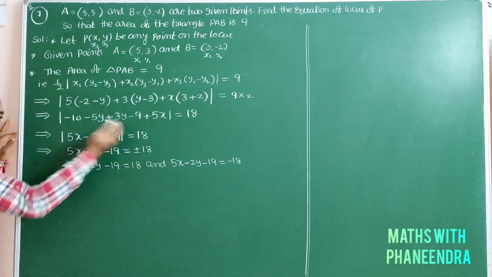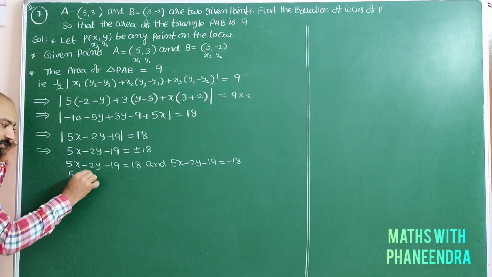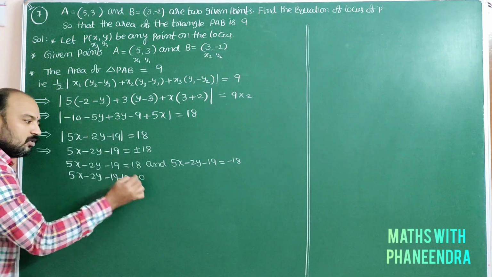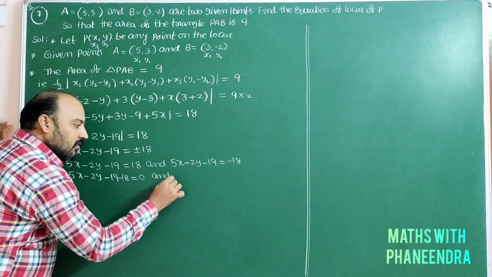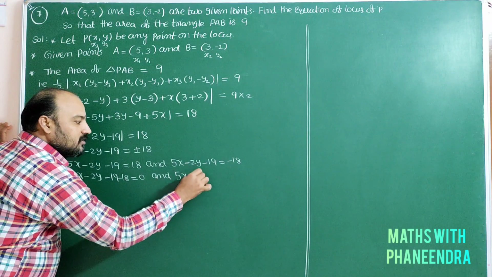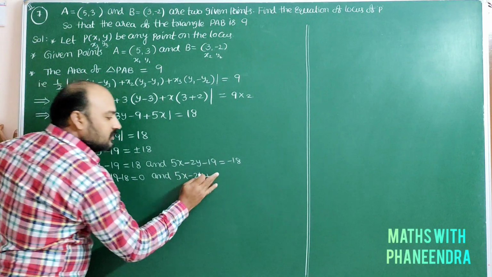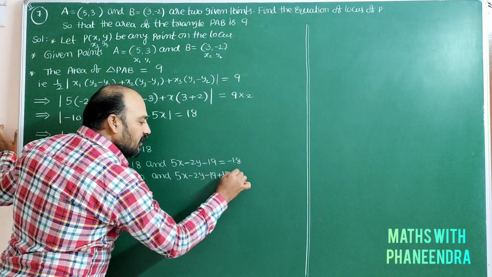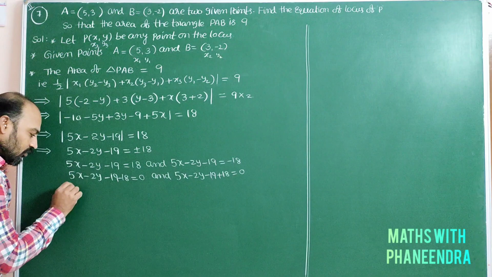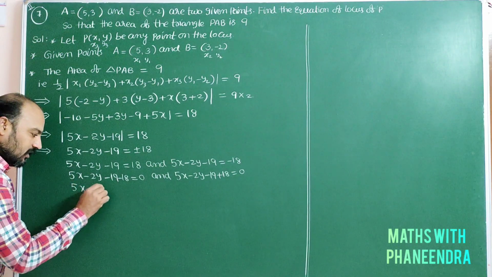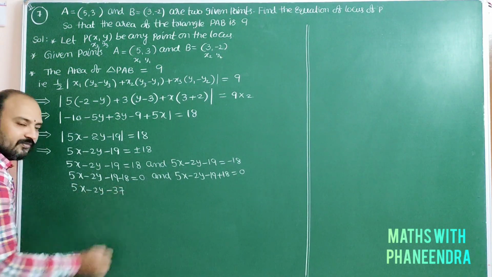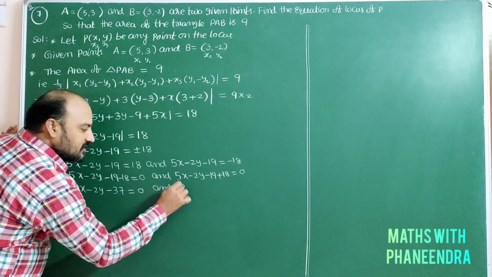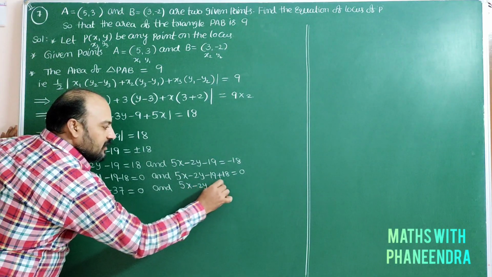So these values, minus 18, we can take this side. 5x minus 2y minus 19 minus 18 equal to 0, and 5x minus 2y minus 19 plus 18 equal to 0. So 5x minus 2y minus 37 equal to 0, and 5x minus 2y minus 1 equal to 0.